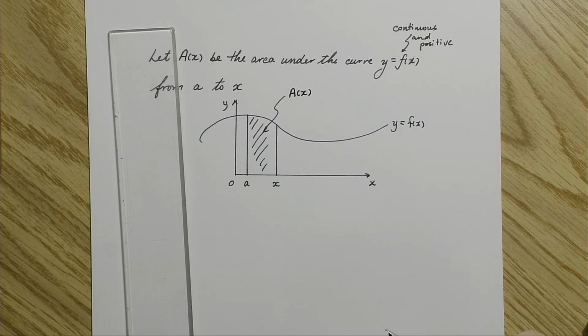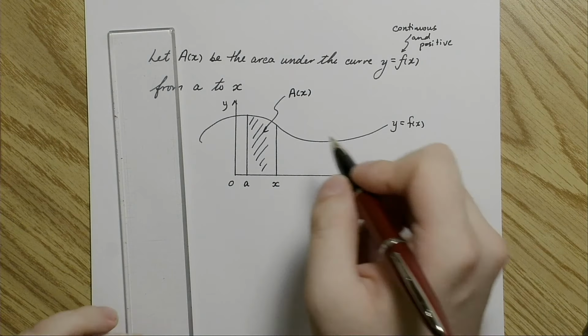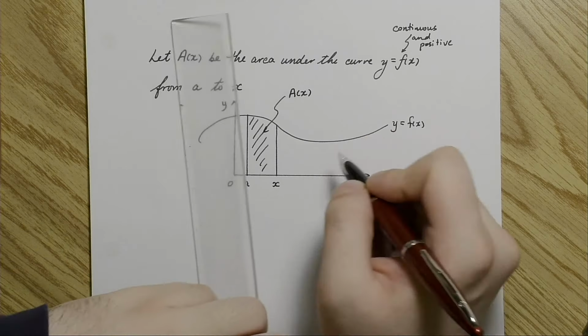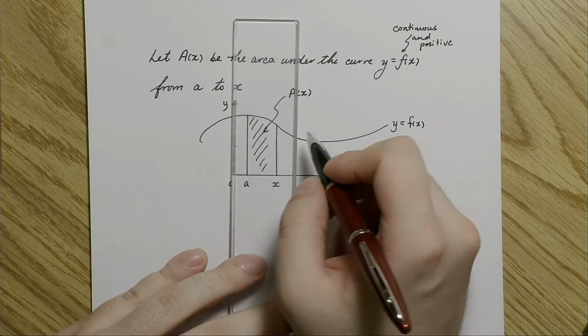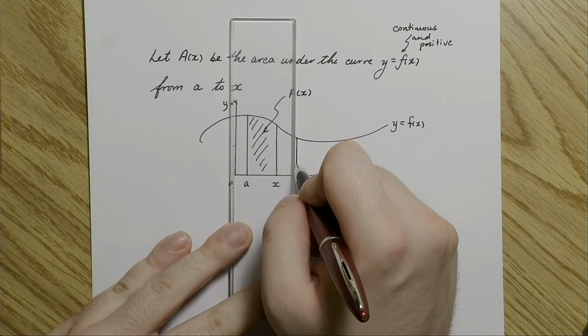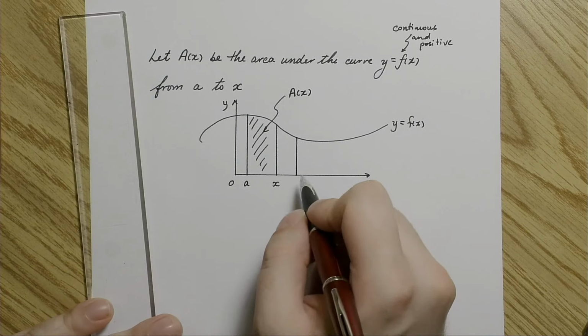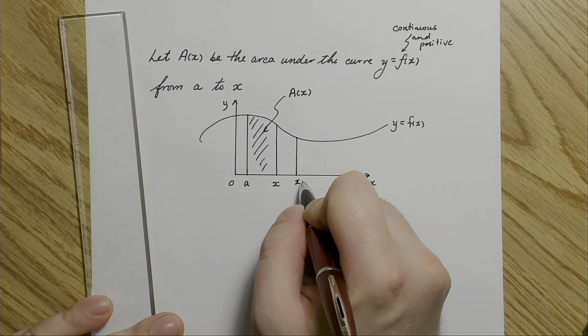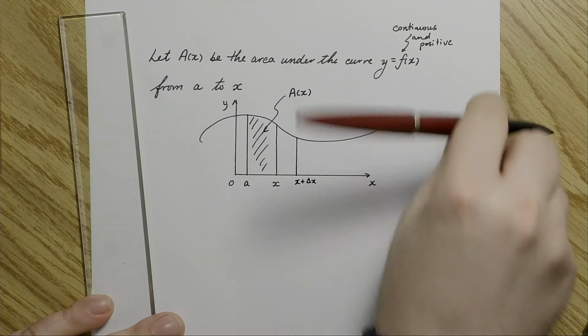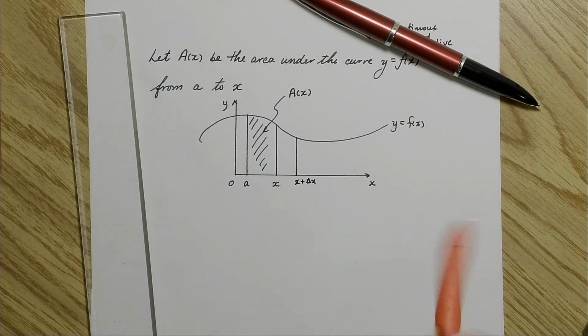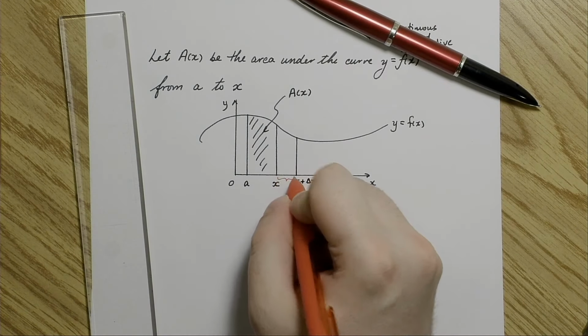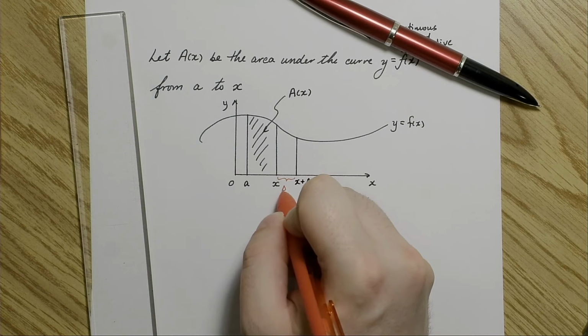Now what I'm going to do is use that idea that we had previously of limits that we were using in the derivative. So what I'm going to think of is just a small little shift in the x right around here, let's say here. And so at that point, this is x plus delta x, which means that this sliver right in here is delta x.